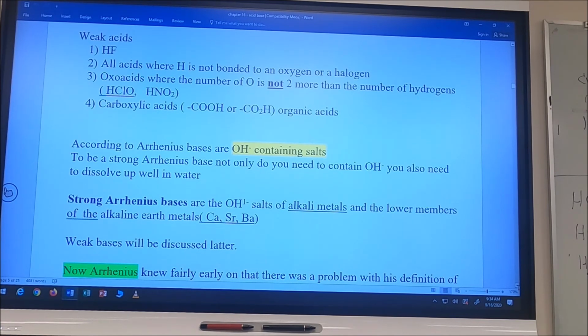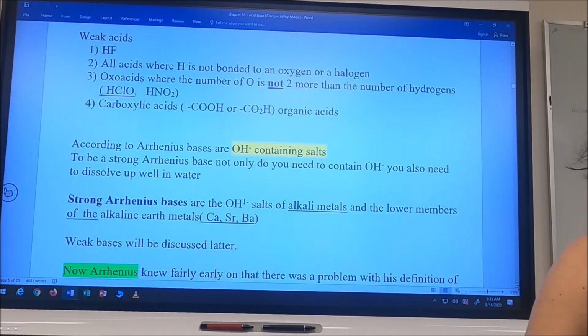So to have a salt that dissolves well in water, you have to have one of the weaker ionic bonds. So strong Arrhenius bases are salts of the alkali metals and the lower members of the alkaline earth metals, calcium, strontium, and barium. So there's actually a very limited number of strong bases under the Arrhenius definition.